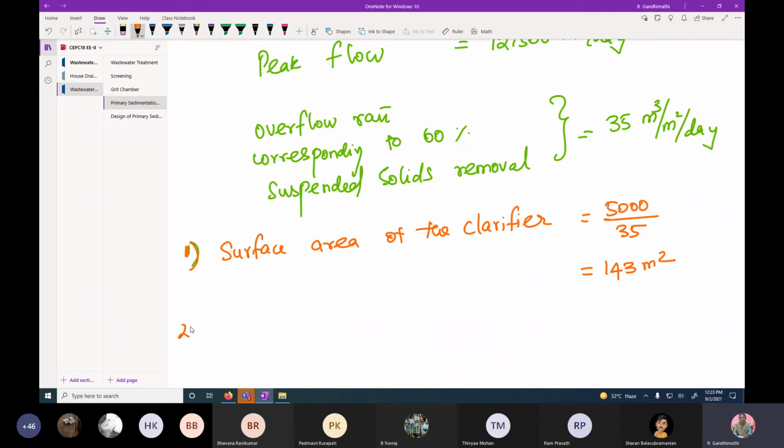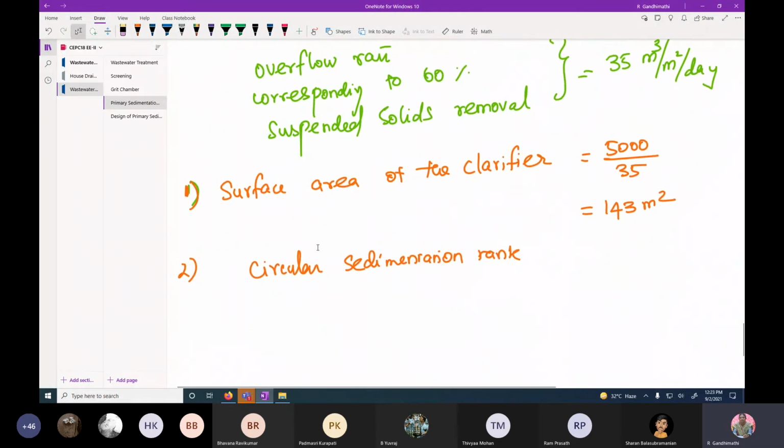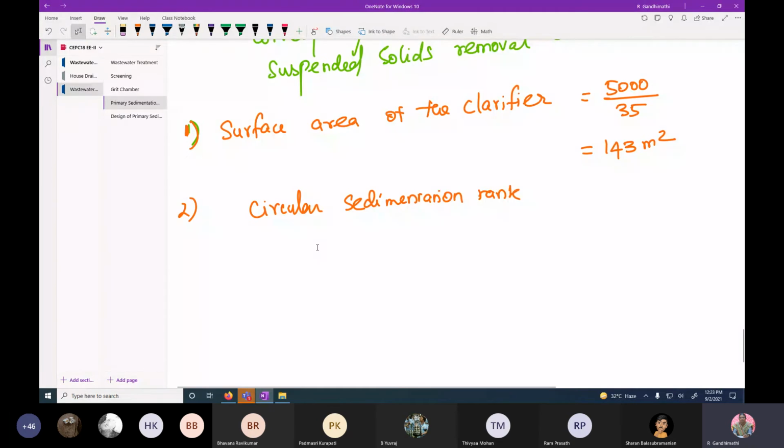Then assume that you are going to provide a circular sedimentation tank. Based on the surface area, you can find out the diameter.